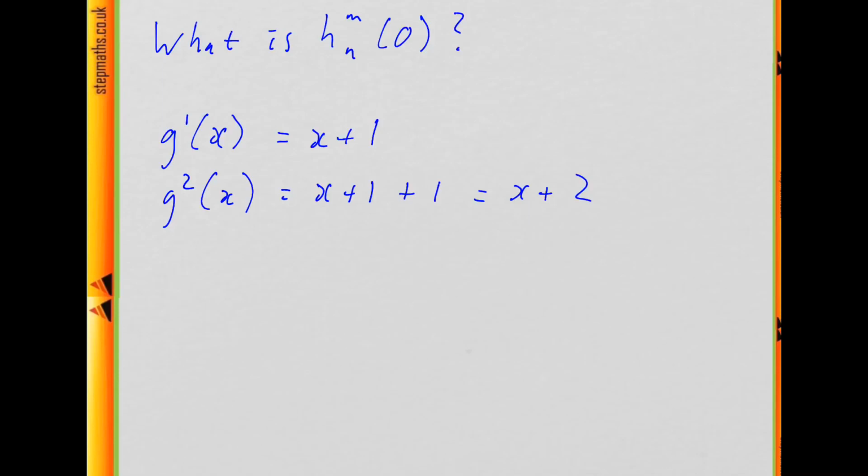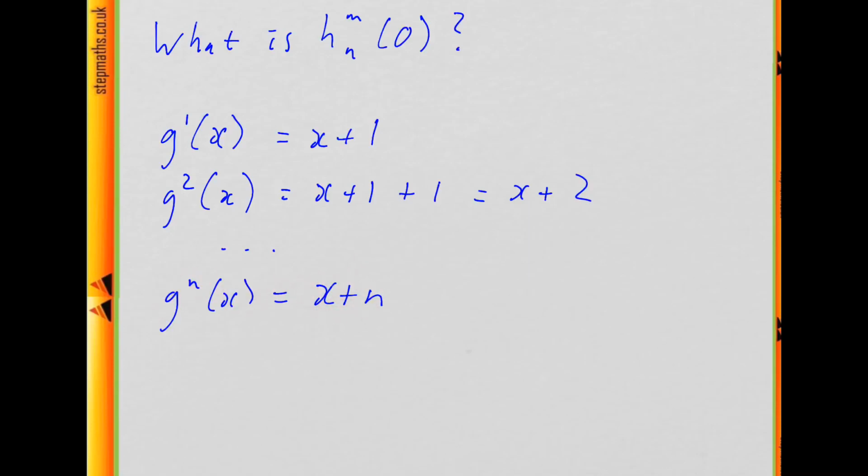We can immediately see what's going to happen if we keep applying this. If we apply it 3 times, then we're just going to apply g to this answer, so we're going to add 1 to this, that's going to be x+3. If we do it 4 times, we add 1 to that answer, so we get x+4. So we can see that if we apply it n times, we're getting x+n.